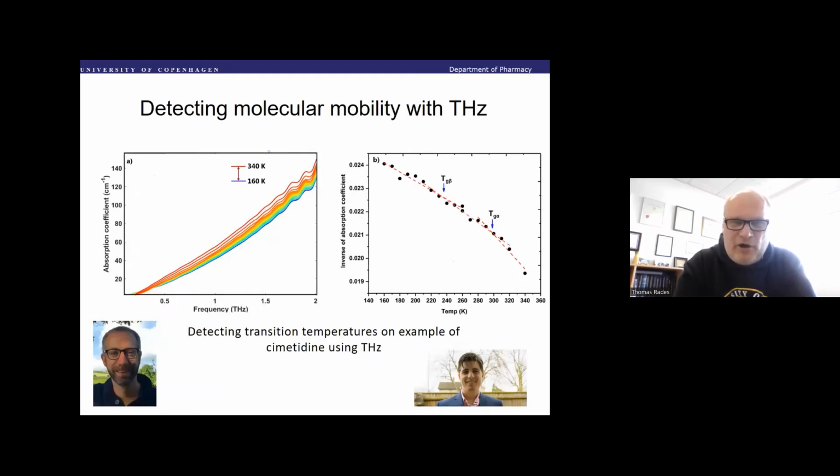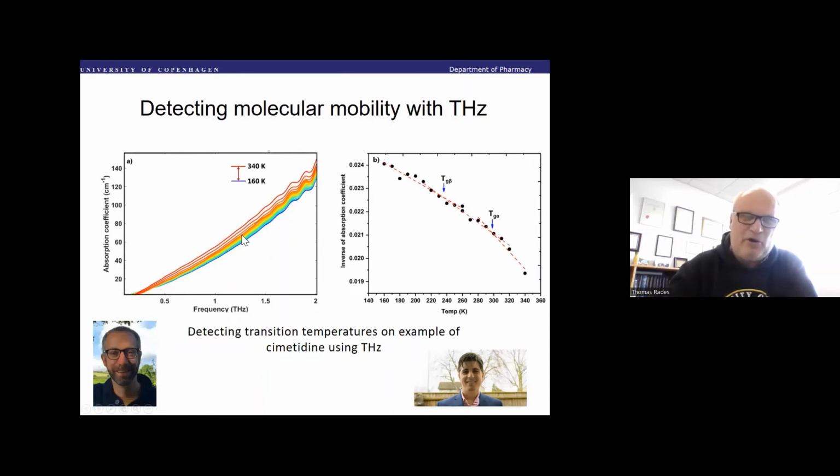And here we worked with Axel Zeitler and Michael Gerin, with whom we have worked for many years on terahertz. These rather unassuming curves are a terahertz signal of the absorption of amorphous material at different temperatures.